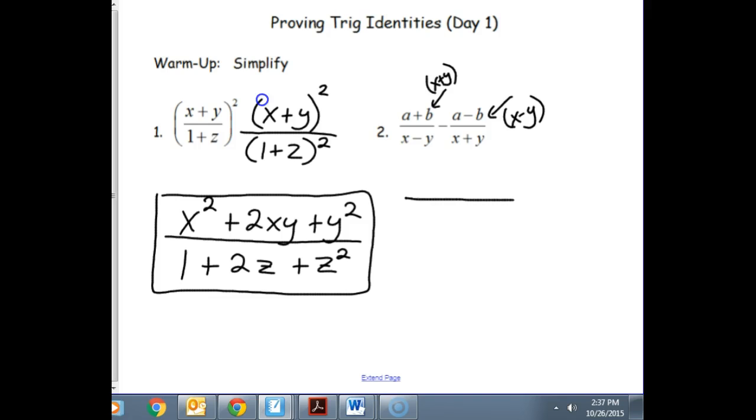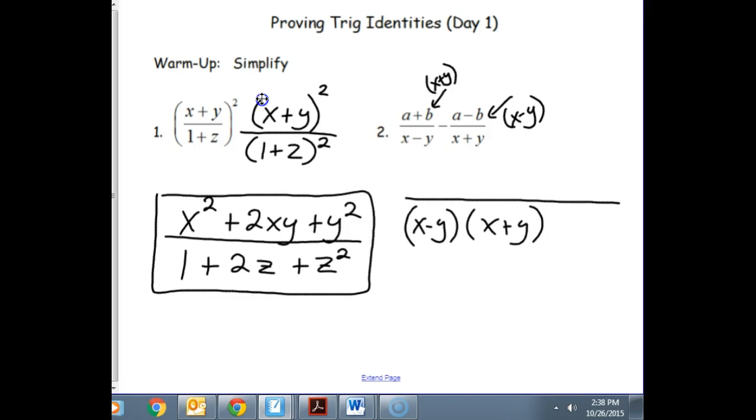Our denominator would be x minus y times x plus y. And on top there are 2 FOIL problems that we're going to have to go through.